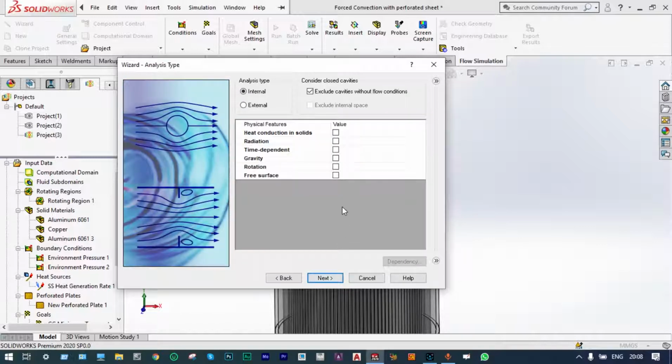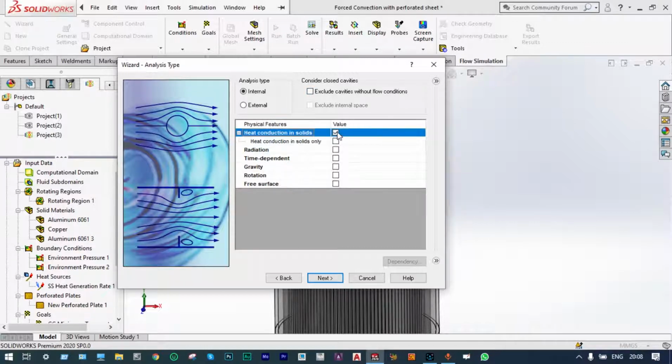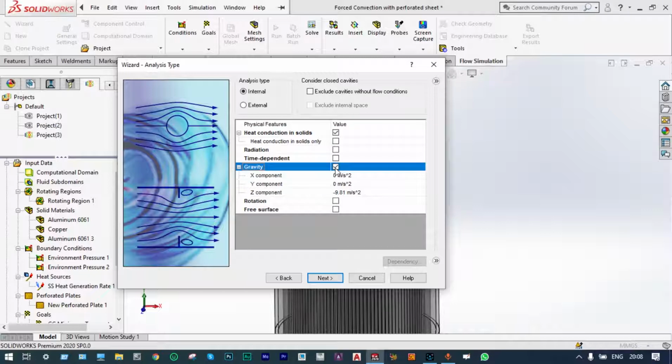Next, it is an internal analysis. Next to that, we have to consider heat conduction in solids, and definitely gravity will be involved as heated air will be moving upward, and the direction of gravity will be y.